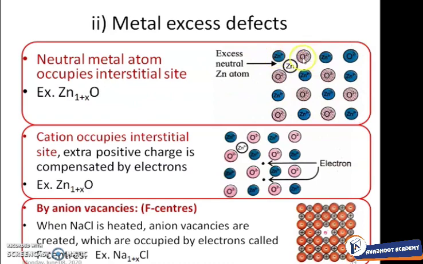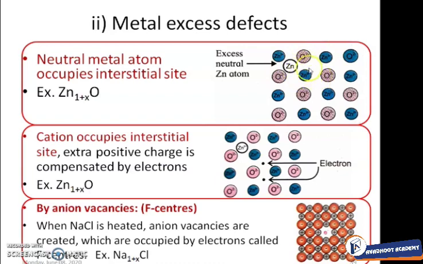Zn2+ and O2-, that is the zinc cation and oxide, are arranged regularly and alternately like that. But here a neutral zinc atom occupies the interstitial site. This is the metal excess defect.